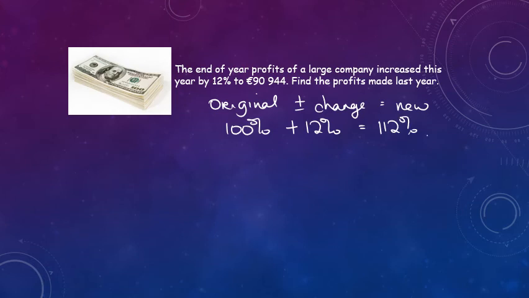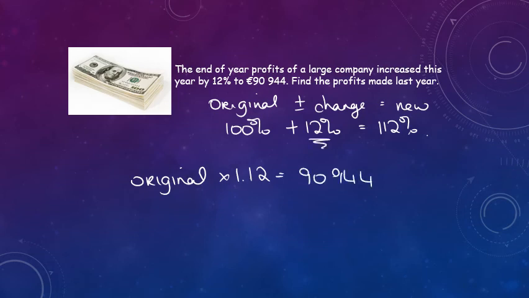Okay, so in order to get 90,944, you would have had your original multiplied by 1.12, so 112%, would give you 90,944. Remember, 12% is based on the original. And that won't always be the case, but for now, that's the way we're going to look at it. So original by 1.12 gives 90,944.